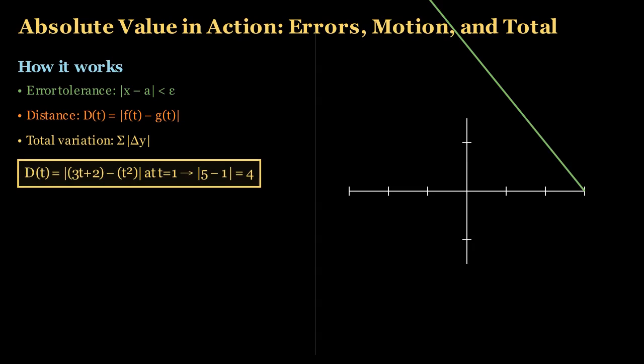Let's solve a concrete everyday problem. A factory makes bolts that must be 3 centimeters in diameter, with a tolerance of 0.05 centimeters. A worker measures a bolt and finds it is 2.98 centimeters. Is it acceptable? We compute the absolute error, the absolute value of 2.98 minus 3.